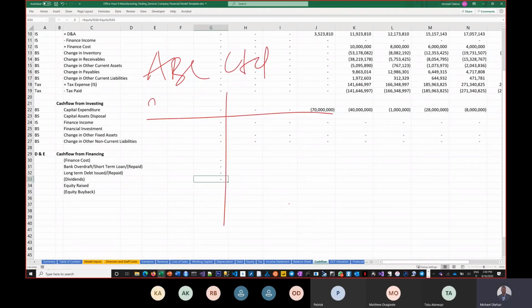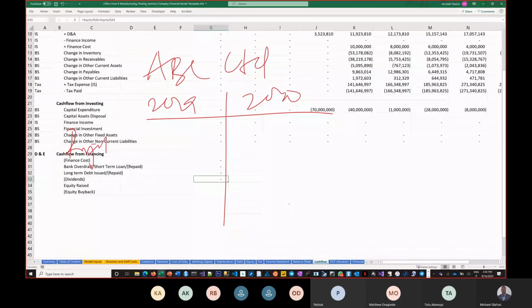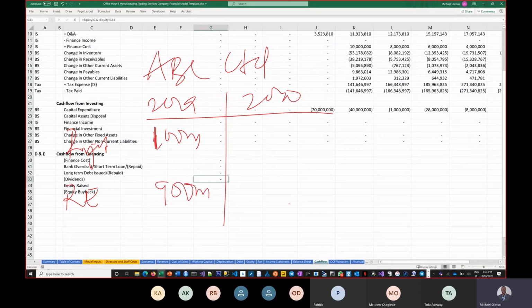We want to talk about dividend 2019, 2020. If you made a profit of 100 million naira in 2019, all these profits we normally put on your retained earning. So let's say by the time you had it, your retained earning goes up to 900 million naira. Then if you want to pay dividend, it comes out of the retained earning, right?